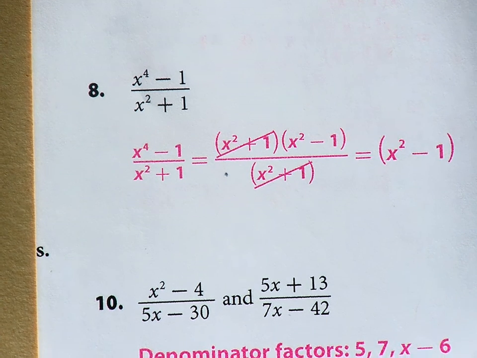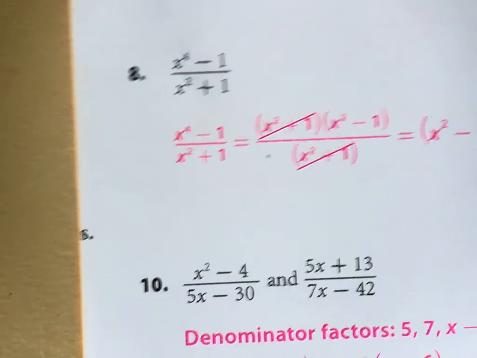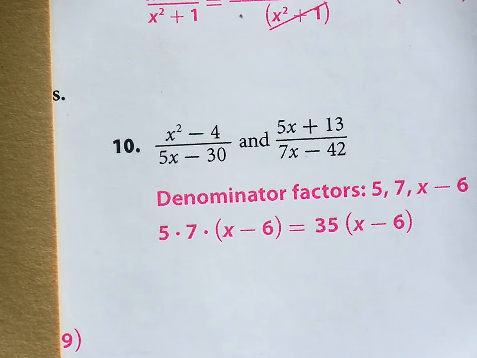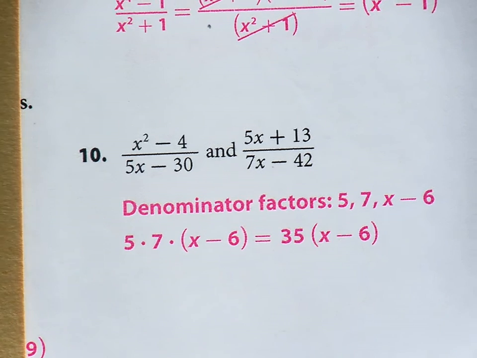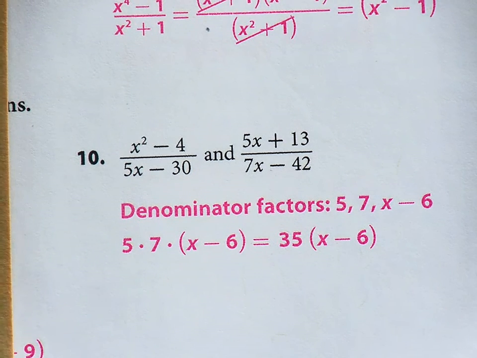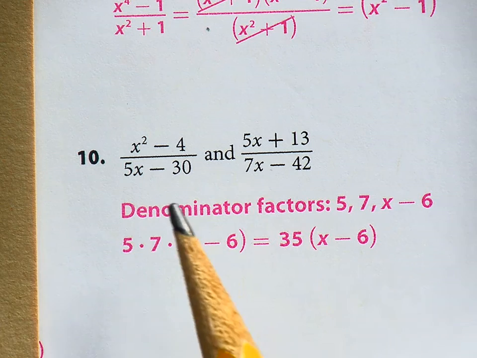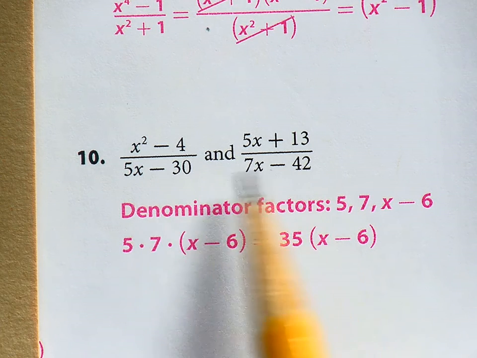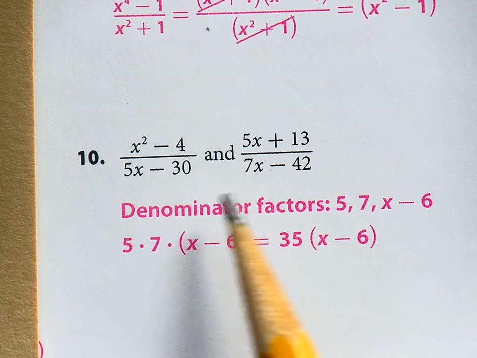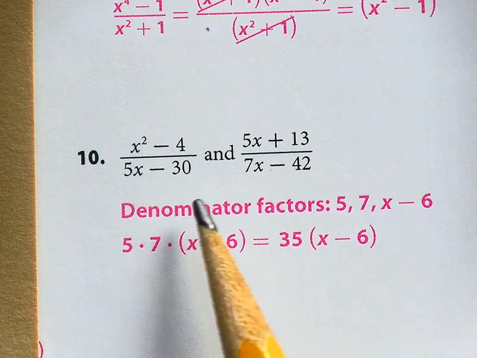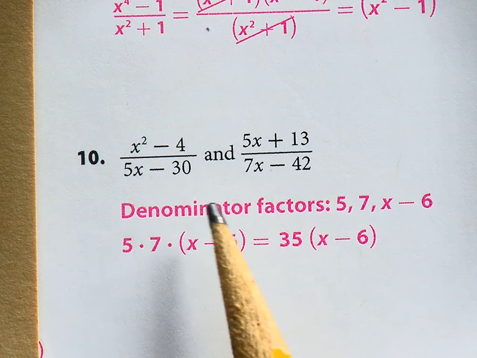So let's look at number 10. Number 10 says denominator factors. We're trying to find our common factors between these two, so we can start adding without like denominators.